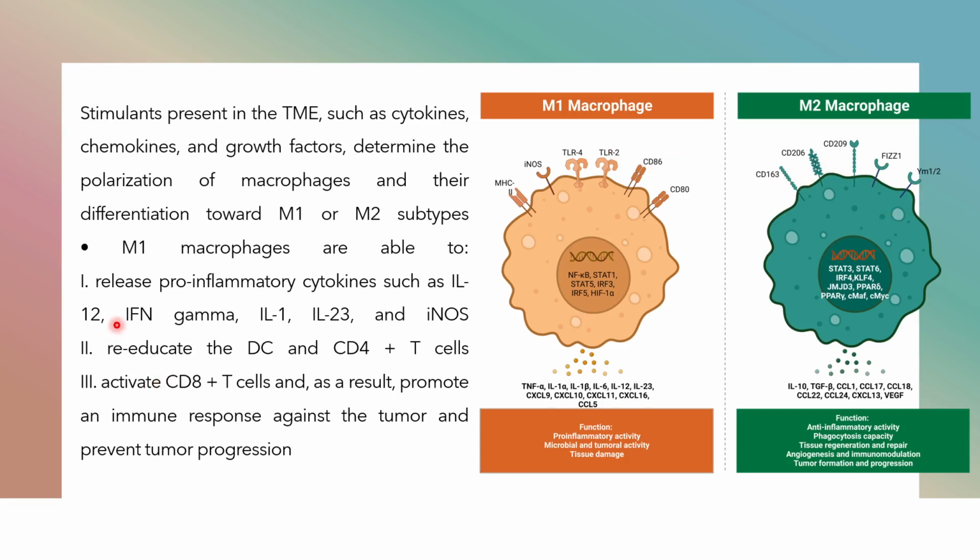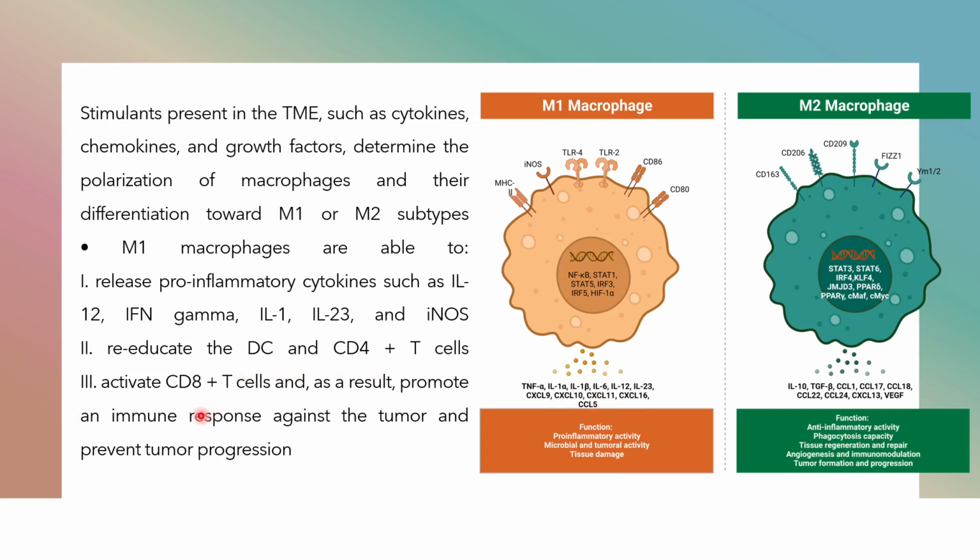But our question is about M1 macrophages only. So now we will talk about M1 macrophage. They are able to release pro-inflammatory cytokines such as IL-12, IFN gamma, IL-1, IL-23, iNOS. These are pro-inflammatory cytokines. They re-educate the DC, that is dendritic cells, and CD4 T cells.